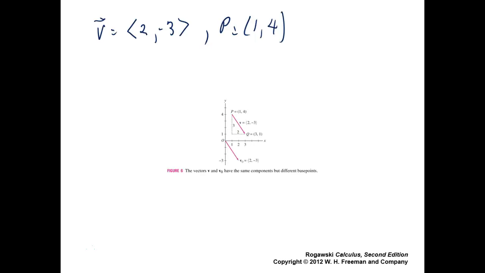Because the terminal point Q for it, if it's based at the origin, will have the same coordinates that the vector has components: (2, -3). So there it is. Pretty simple to do. Vector notation, the best way to express vectors in my book. Okay. Any questions on that?